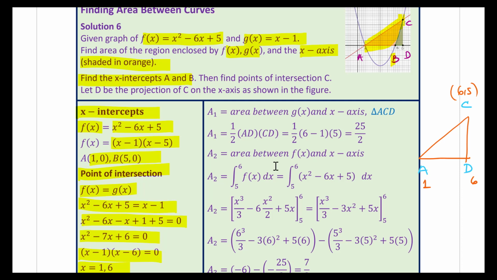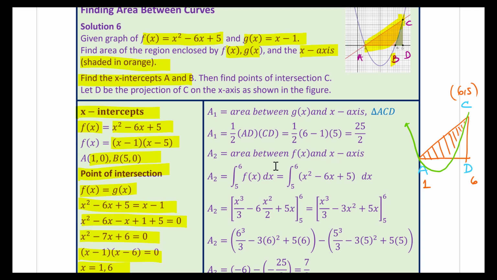So that is your big triangle. However, the curve is going like this. Correct? So we need to find the area which is within this part.